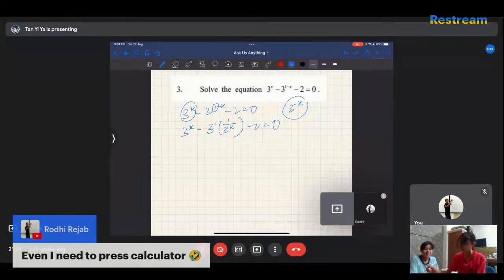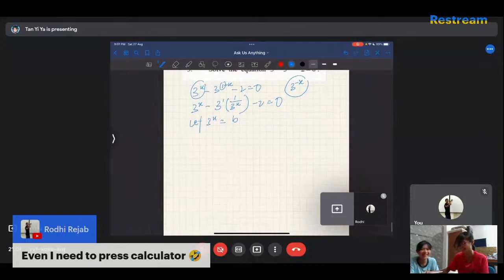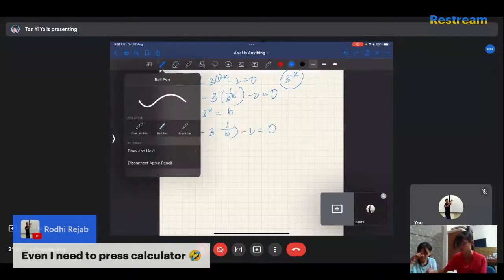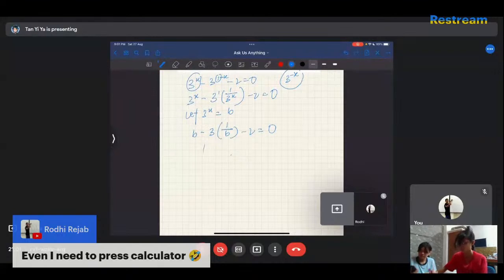Okay, to make our calculation easier, we may let 3 to the power of x equal b. Just now I used a, right? So b minus 3 times 1 over b minus 2 equals 0.